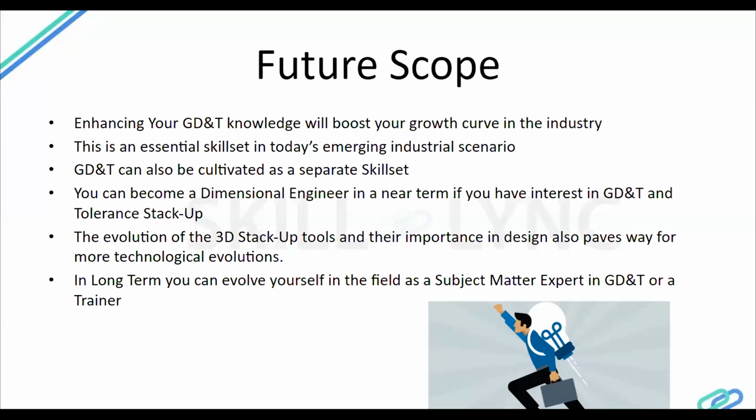And there's a significance for 3D stack up also, since it might give you a real-time analysis mode, like how a part might differ, or say if 1 million parts are manufactured, given this tolerance, which part might fail or which part might not be in position over a period of time. So these are the things which might come up in 3D stack up tools.